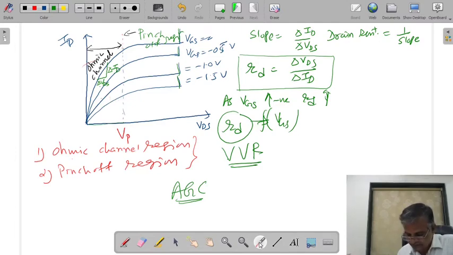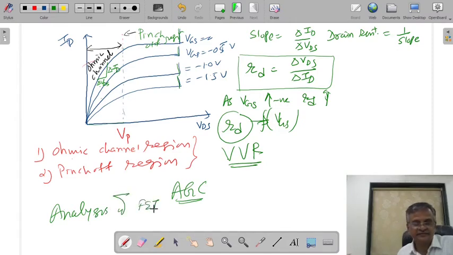Now let us talk about this pinch off region. In the pinch off region, current is almost saturated. Whenever you want to do the analysis of any FET amplifier, this pinch off region is used. So you may ask, what does analysis mean?